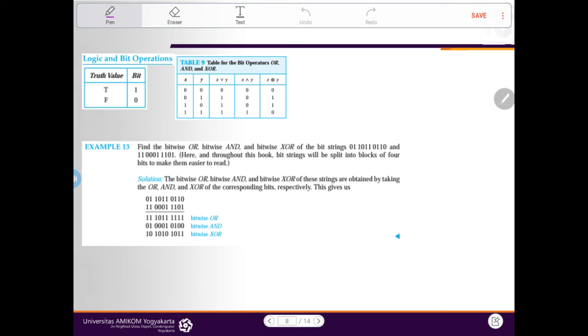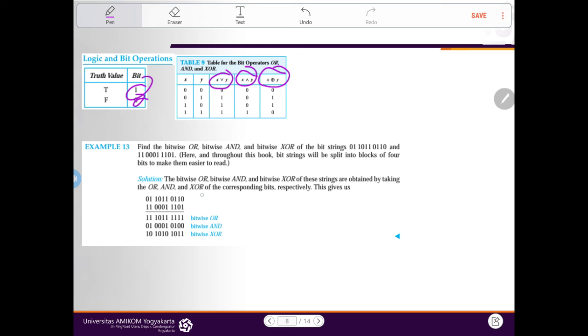We can also have bit operations. True is 1 and false is 0. It's very similar. This is the OR, this is AND, and this is exclusive OR.